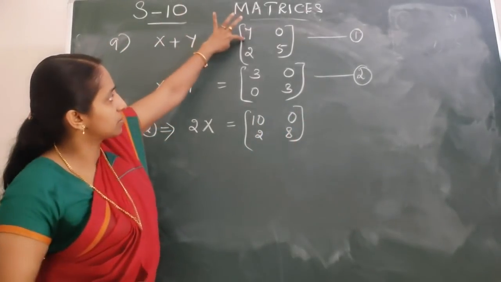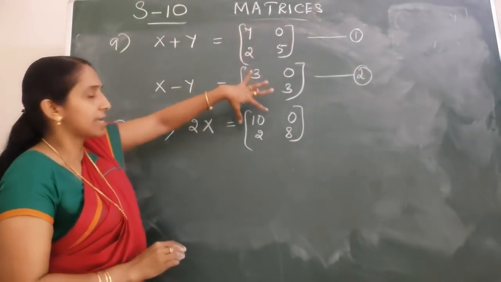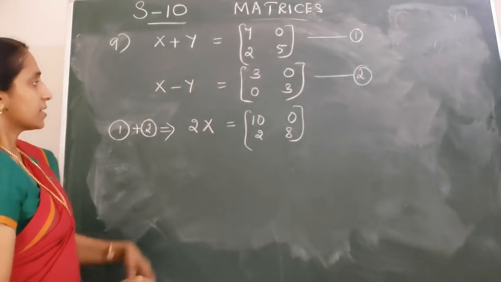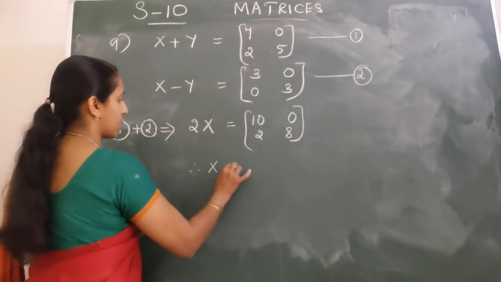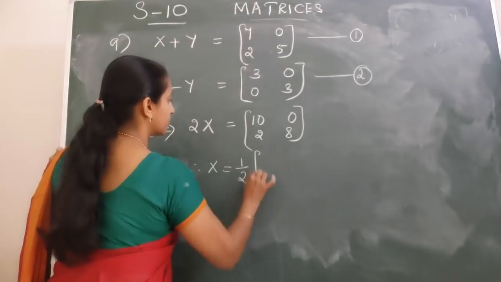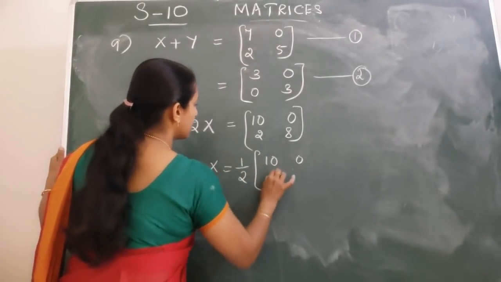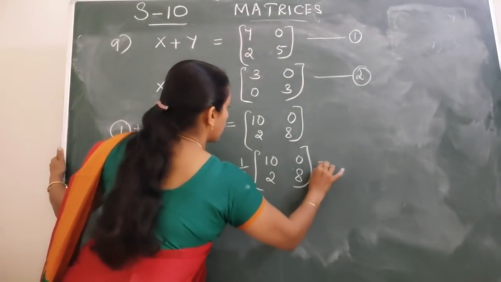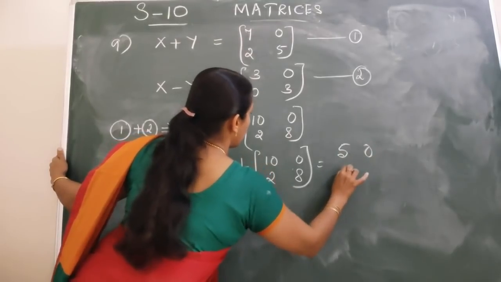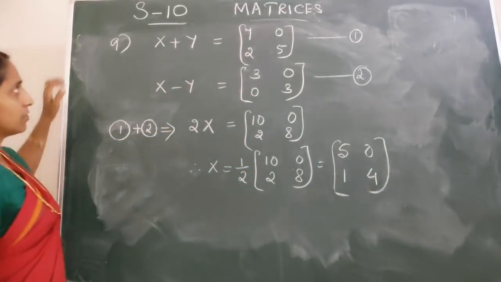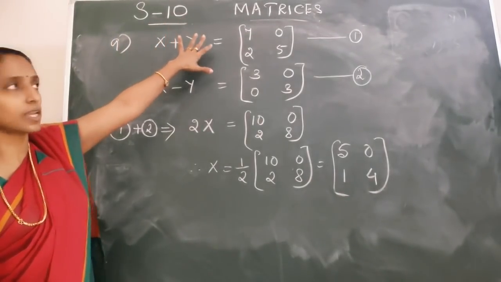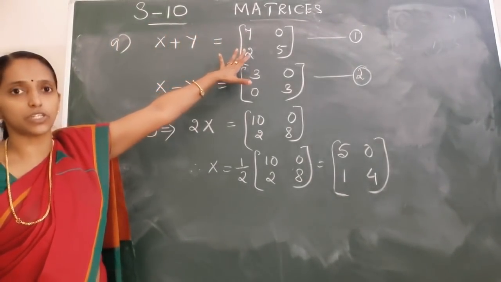Did you understand? Yes, corresponding elements we are adding, and 2X if you got, you can find the value of X as half of this will be, what will you get? [5, 0; 1, 4]. So you got the value of X. If you got the value of X, Y you can find by substituting in the equation 1.